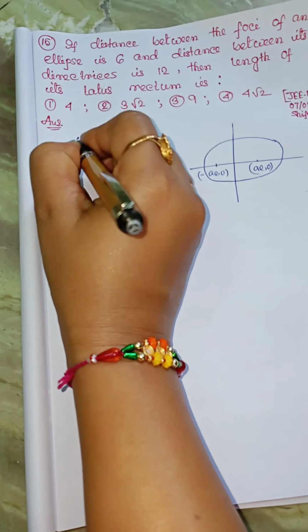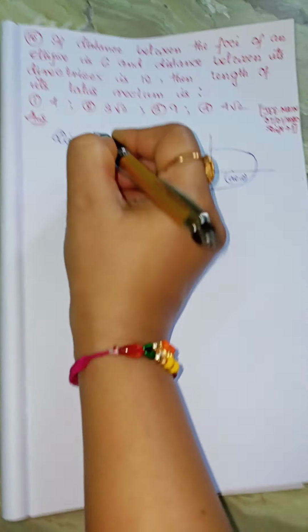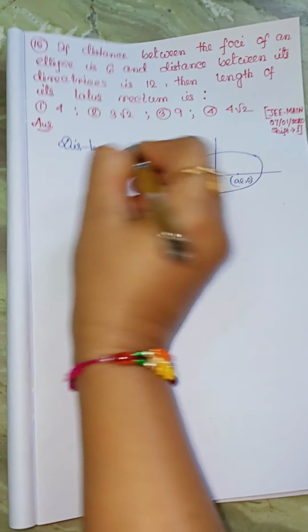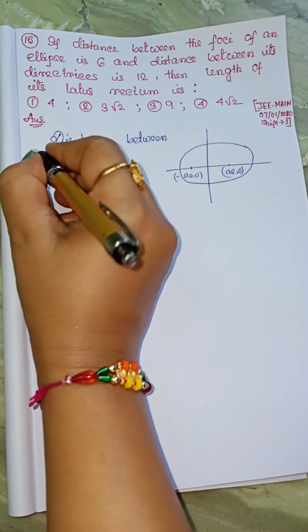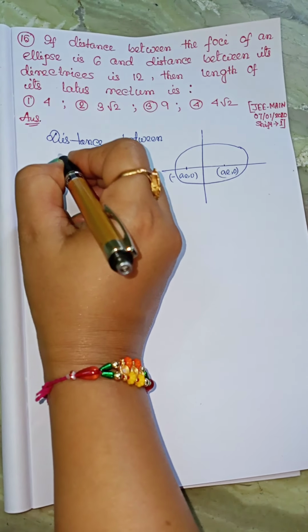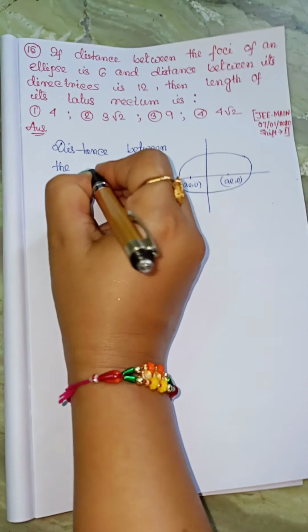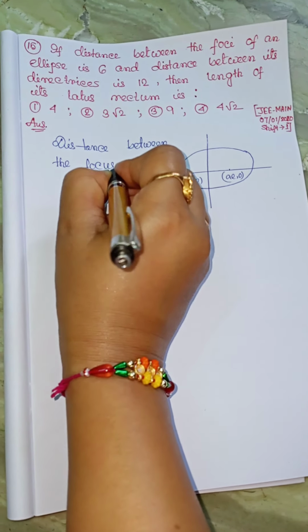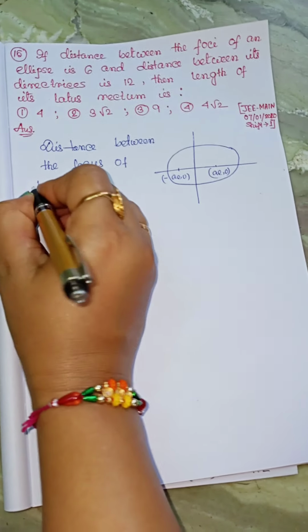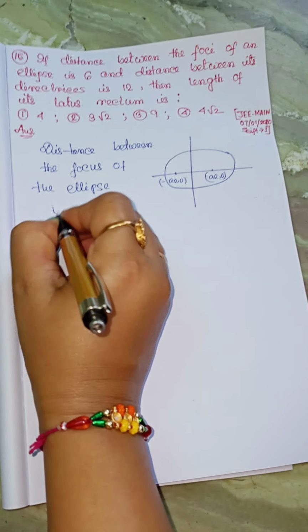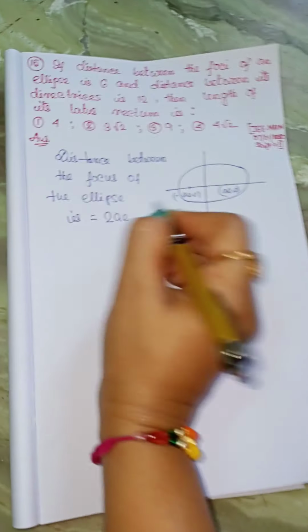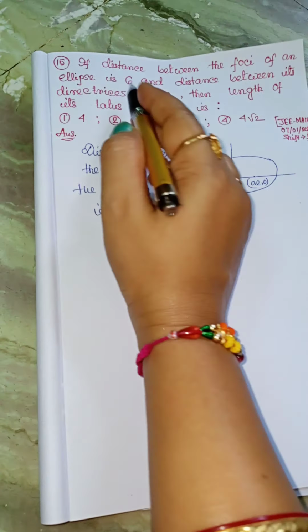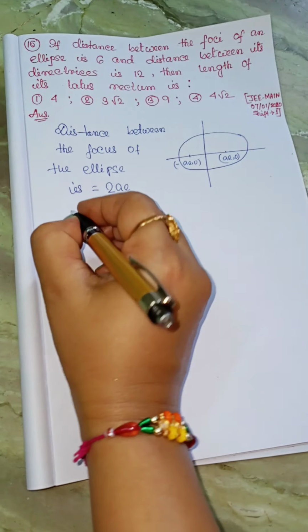So the distance between the foci of the ellipse is equal to 2AE, and 2AE is given as 6.